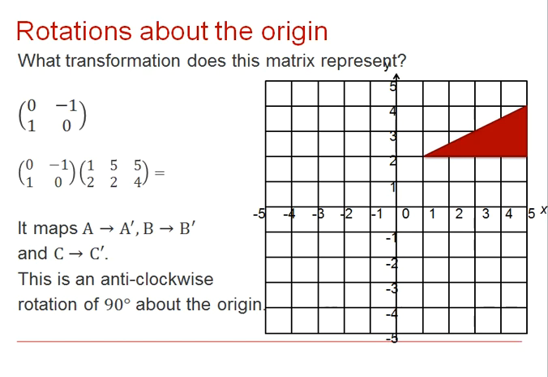Look at the matrix 0, 1, minus 1, 0. So what transformation does this matrix represent? If we were to consider the unit square, in other words 1, 0, 0, 1, we would see that 1, 0 maps to 0, 1, and that 0, 1 maps to minus 1, 0.